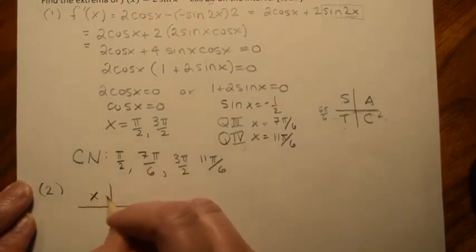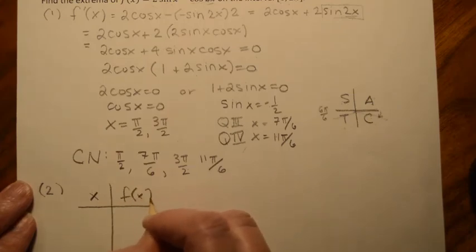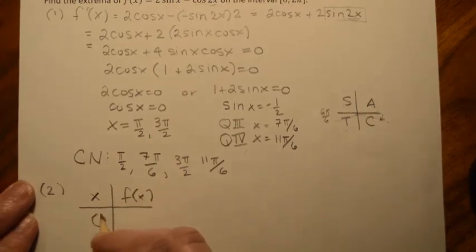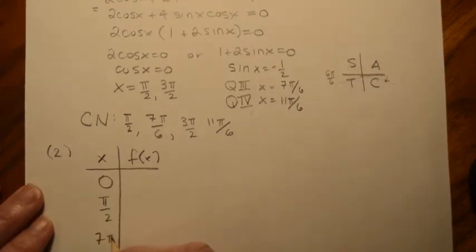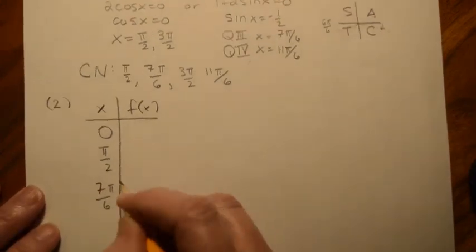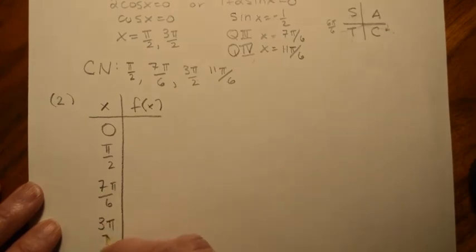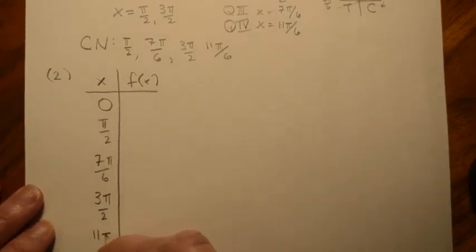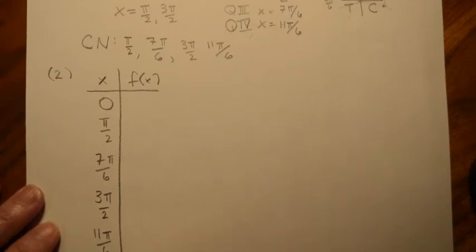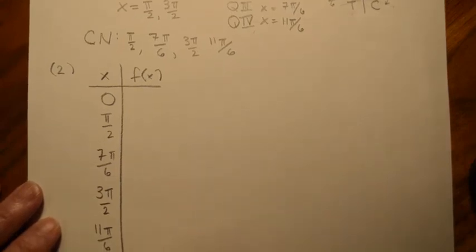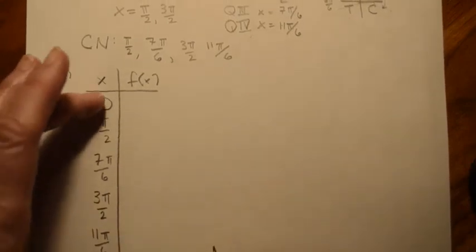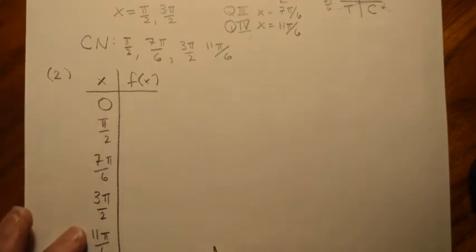Here's our x, and here's f of x, and I'm just going to go in order: 0, pi over 2, 7 pi over 6, 3 pi over 2, 11 pi over 6, and 2 pi. Again, these are our endpoints, and these are the critical values.